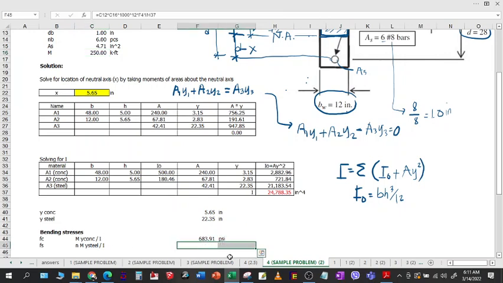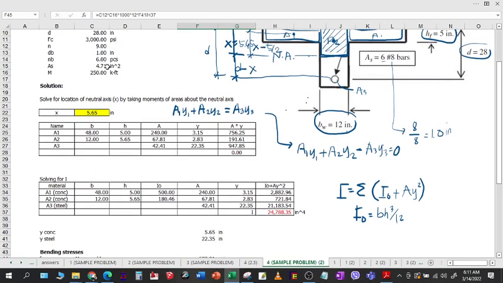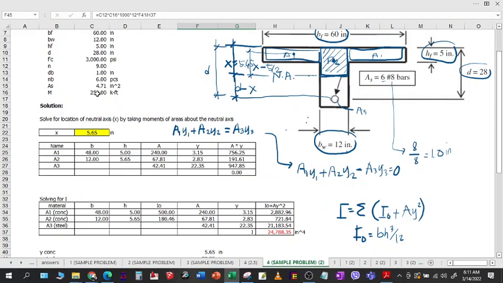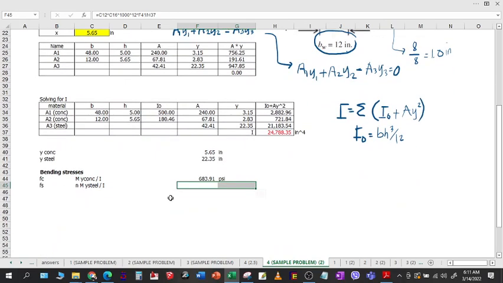Then here, N, which is 9, times M, which is 250, times Y of steel, which is 22.35 rather, divided by I, which is 24,788. So you will have that answer.